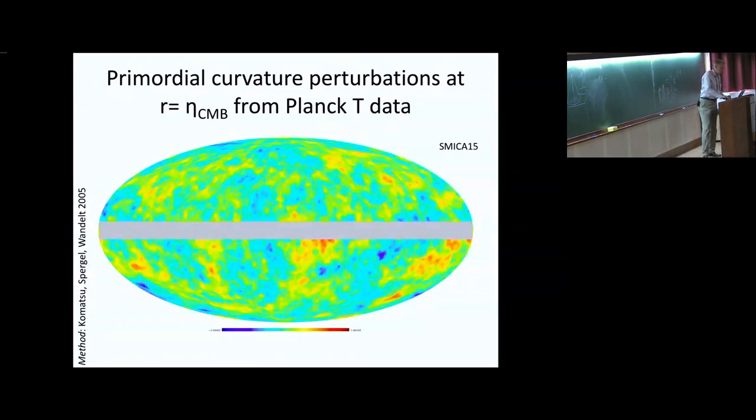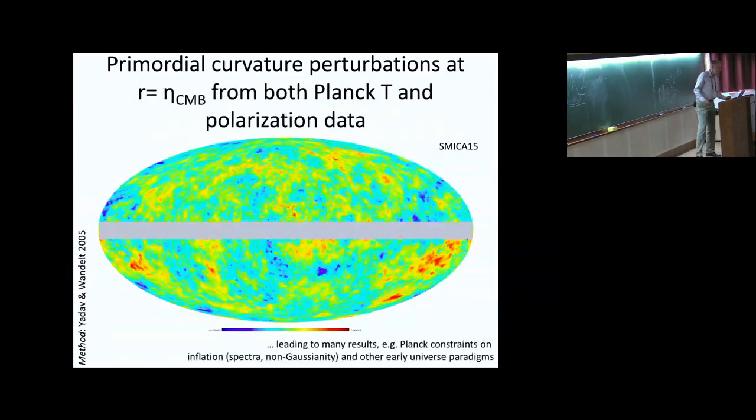Here we're fortunate that we have temperature and polarization. When you take temperature and polarization data together, it turns out the polarization transfer functions are just out of phase with the temperature transfer functions. And so then you start filling in much more of the information. And this is the result of rolling the cosmic quantum dice in the early universe that started off all structure formation in our universe, as inferred from the CMB.